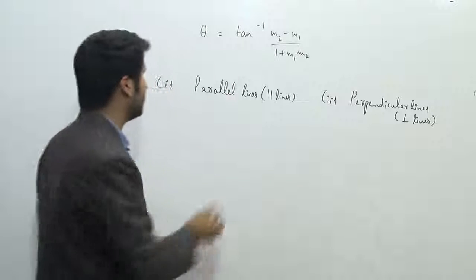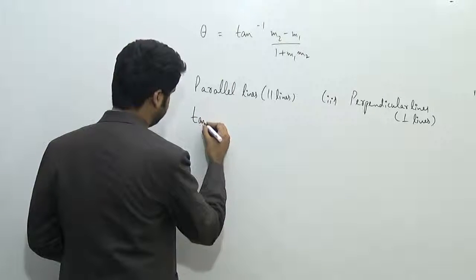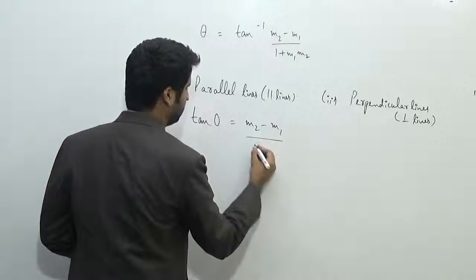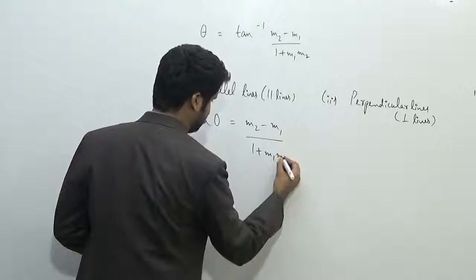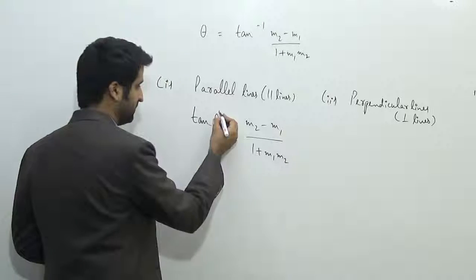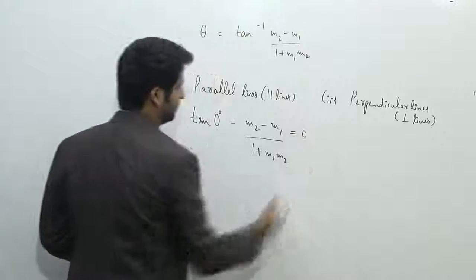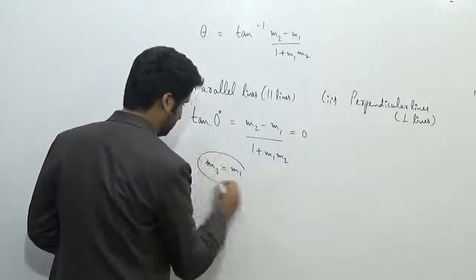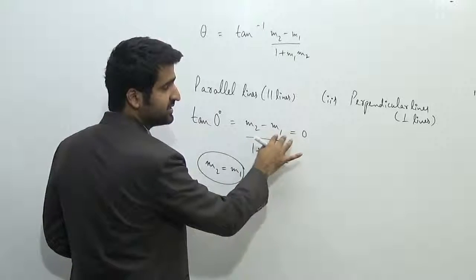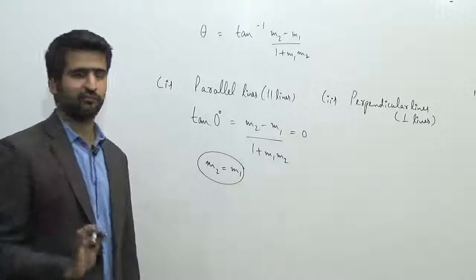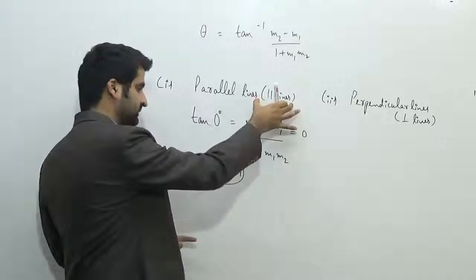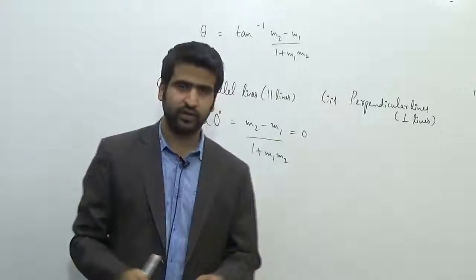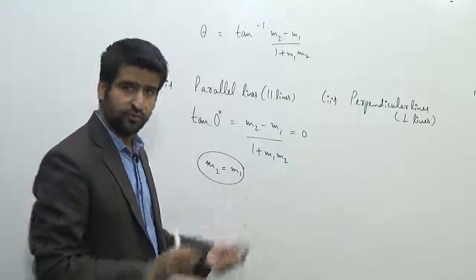So we can say that tan 0 is equal to (m2 minus m1) upon (1 plus m1 m2), and tan 0 is nothing but 0, so this thing is equal to 0. We can simply deduce that m2 must be equal to m1, because m2 minus m1 is equal to 0. So if I have two parallel lines, the slopes of the two lines will be equal.